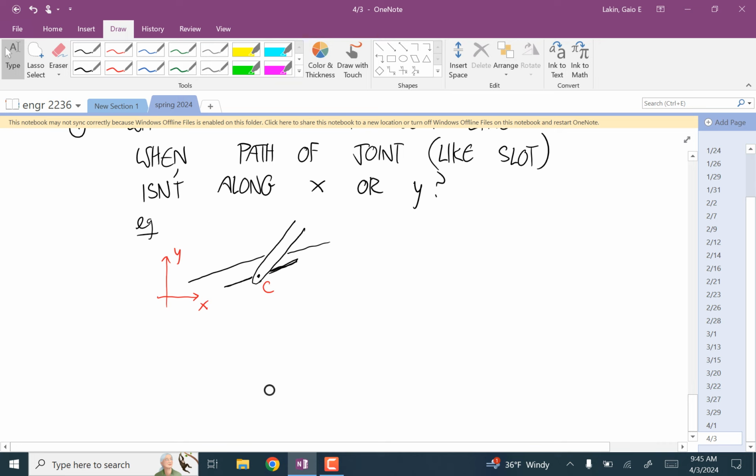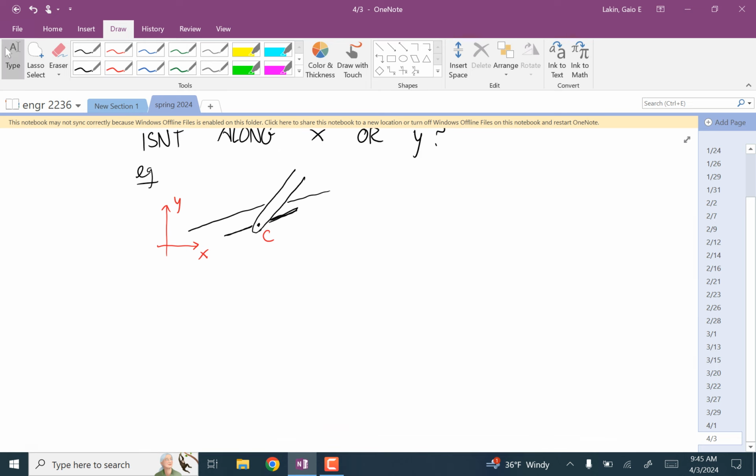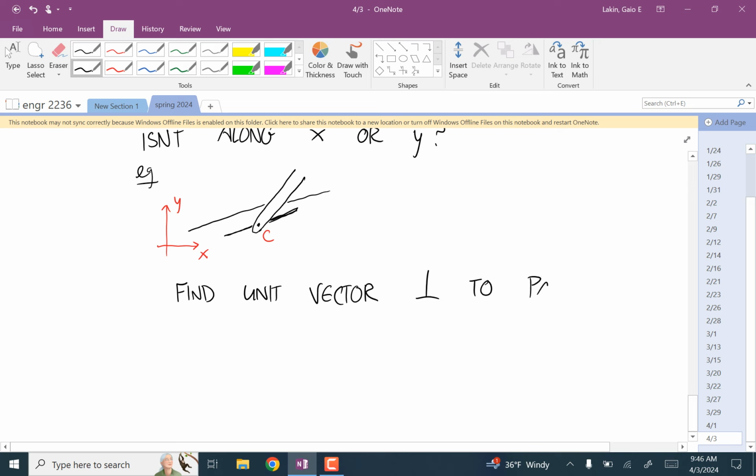So find a unit vector that's perpendicular to the slot. I'll say to the path, more general than the slot. Okay, and then the dot product, so I'm going to call that U, okay? Then the dot product of U and the acceleration of C has to be equal to 0.